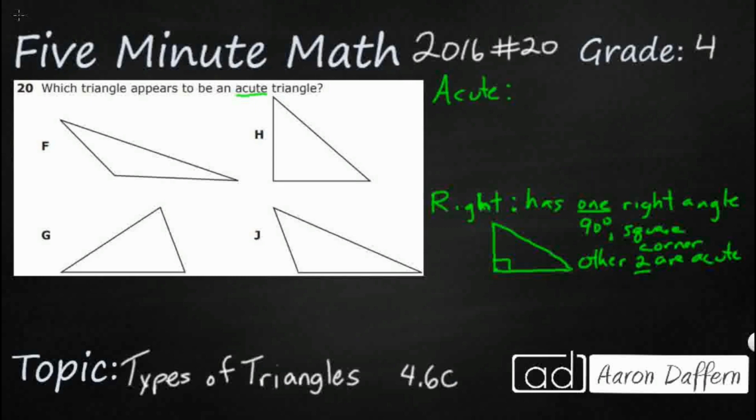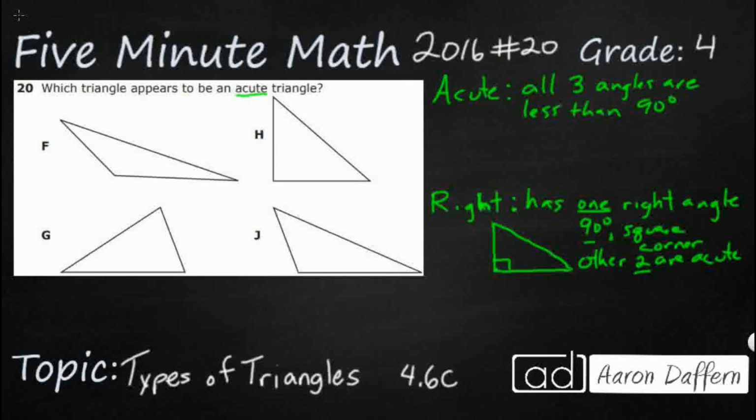Acute triangles have all 3 angles less than 90 degrees, and that's what acute means. So it's smaller than a right angle. That's all that means. An acute triangle is smaller than 90 degrees. All 3 angles are less than that.